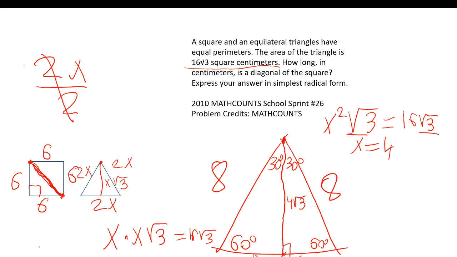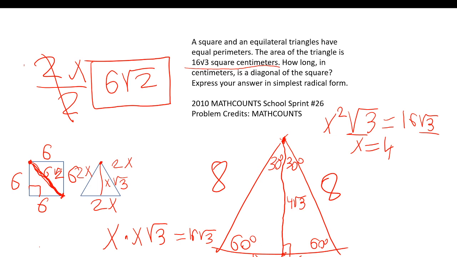Legs are equal, so we have an isosceles right triangle. This is an angle bisector, which means this is 45 and this is 45. We have a 45-45-90 triangle, and you know the rules for 45-45-90 triangles. The hypotenuse is one of the legs multiplied by the square root of 2. So the diagonal of the square is 6 root 2, and we cannot simplify this radical any further. So that is the answer to our problem.